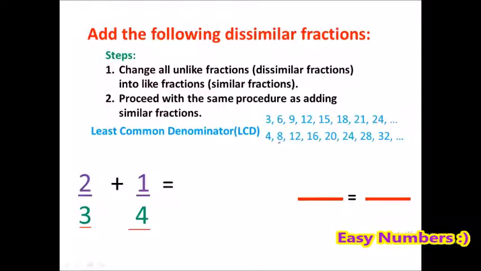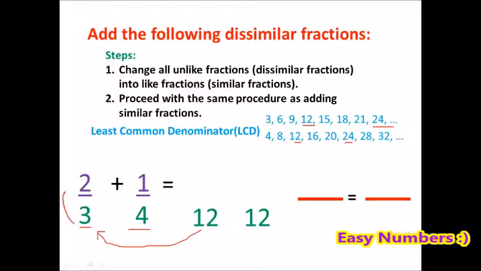Now, the least here is 12. If you will notice, we have common numbers which are 24, but the least is 12, so the least common denominator is 12.